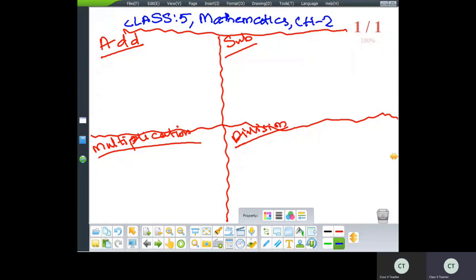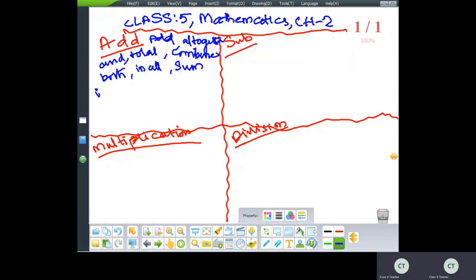Yes, add, all together, and, total, combine, both, in all, sum, increase, plus, join, together.